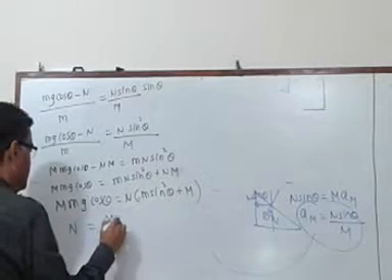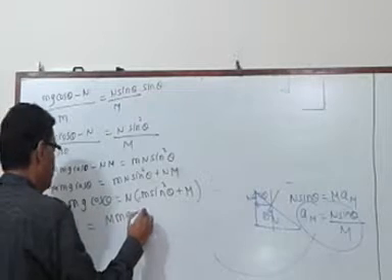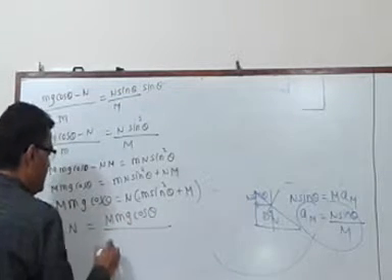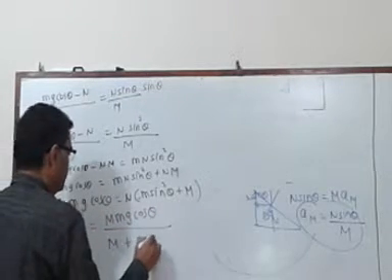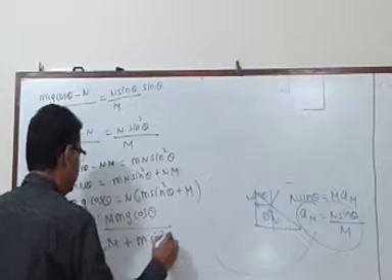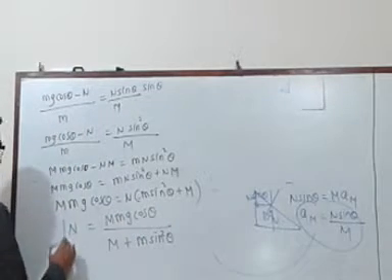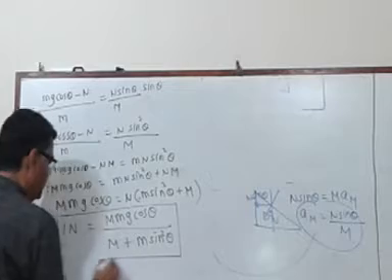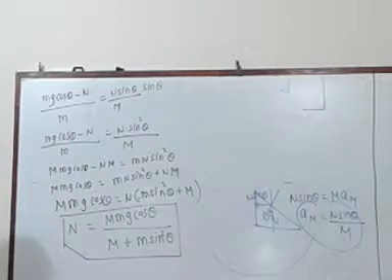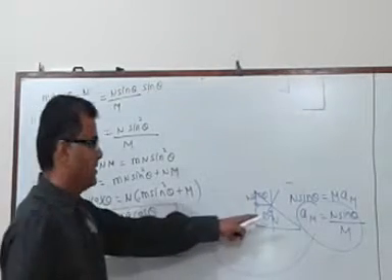The normal reaction is capital M into small m into g cos theta upon capital M plus small m into sin square theta. This is the normal force exerted by the wedge on the block.